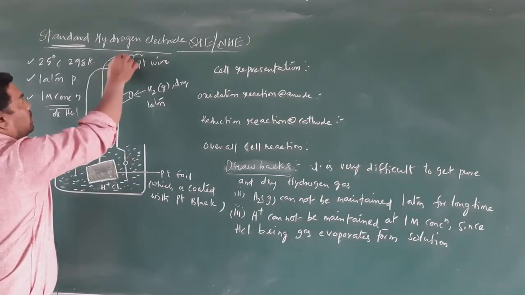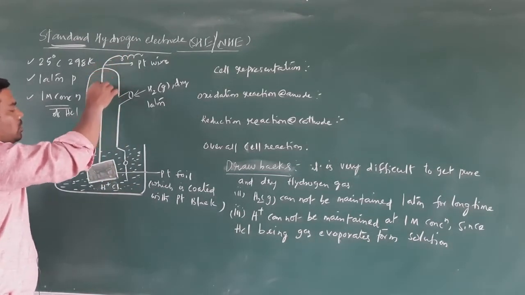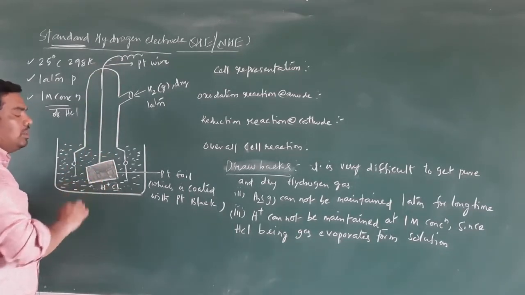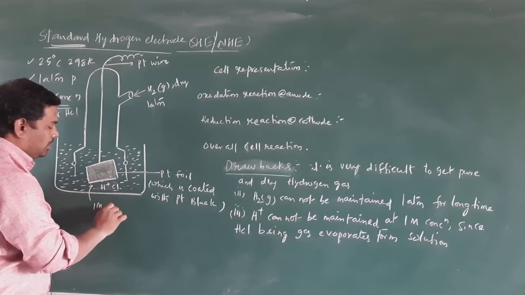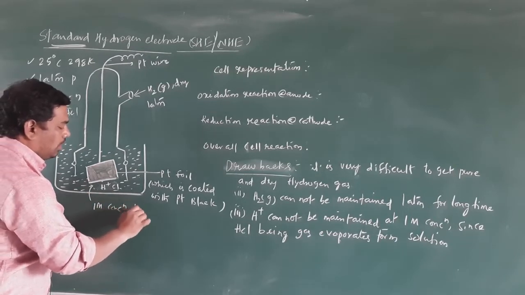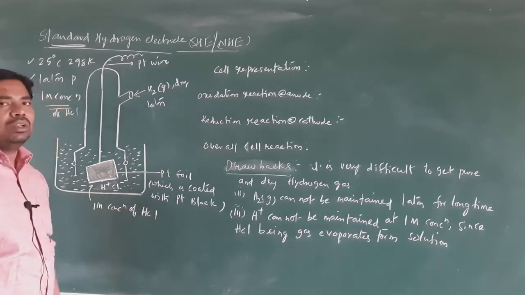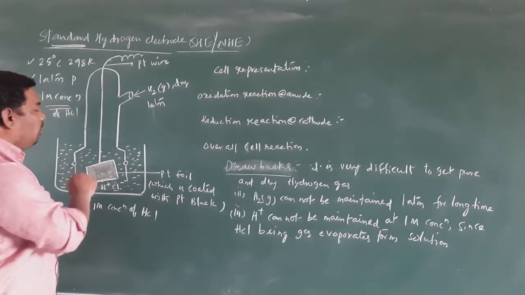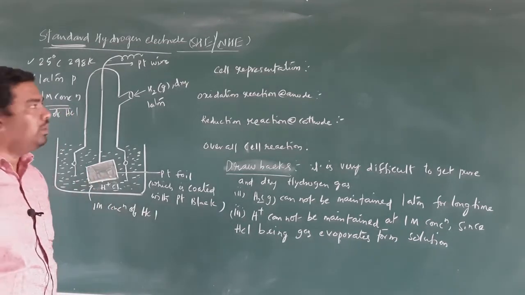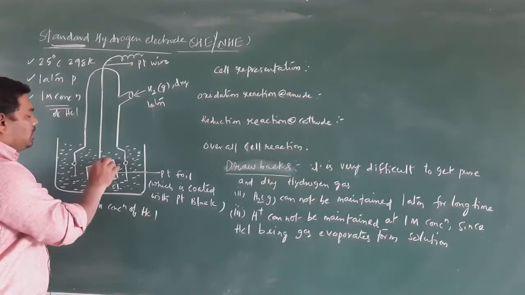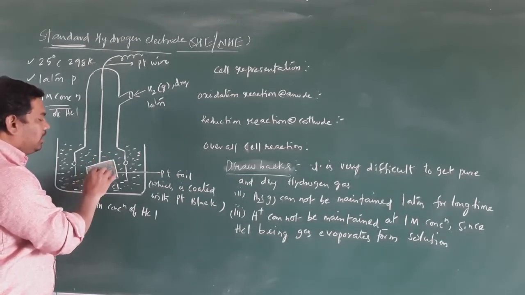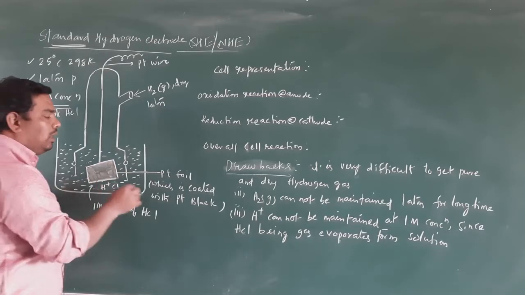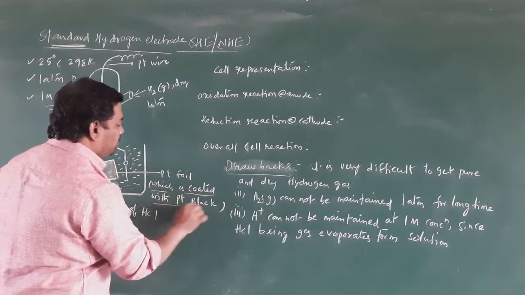Here, this is a platinum wire, which is immersed in 1 molar concentration of HCl. This platinum wire end is connected with a platinum foil, which is coated with platinum black.